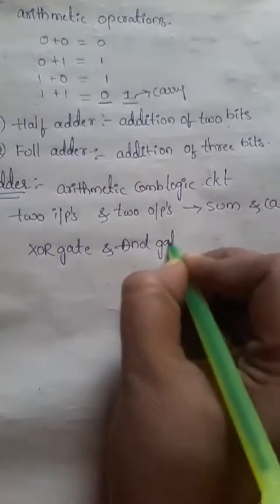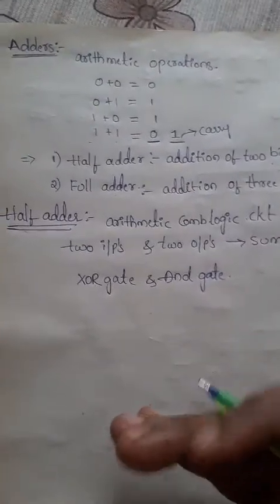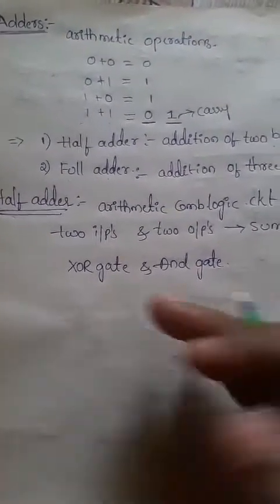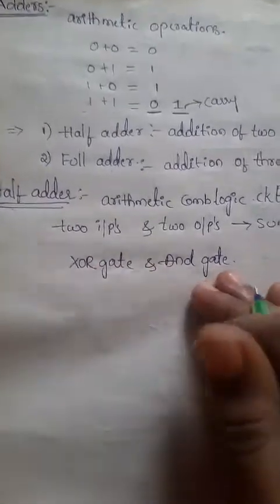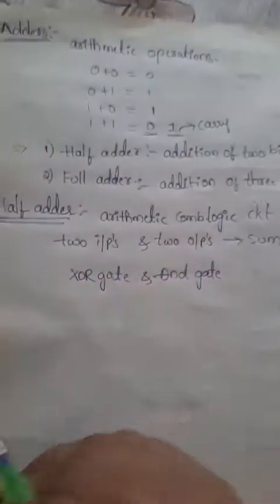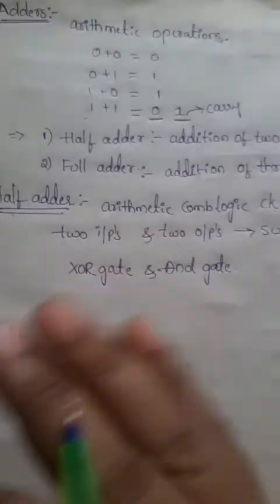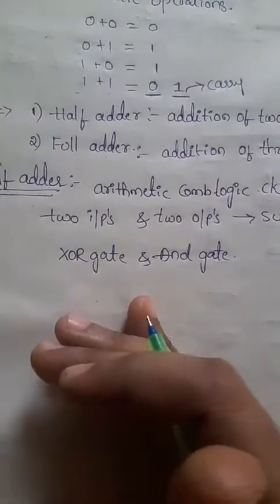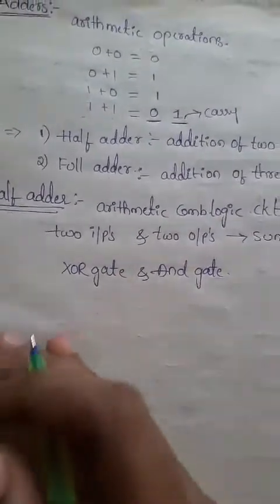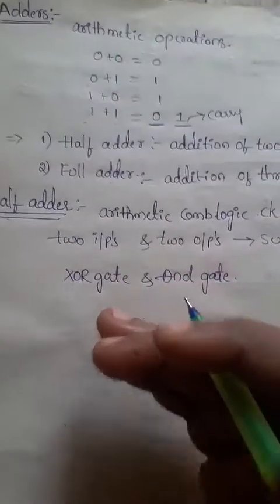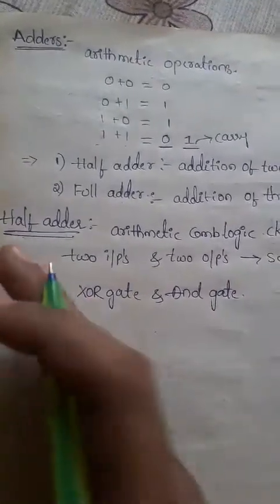Just remember that. For the half adder circuit diagram or logic diagram, by using one XOR gate and one AND gate we can design the half adder circuit.